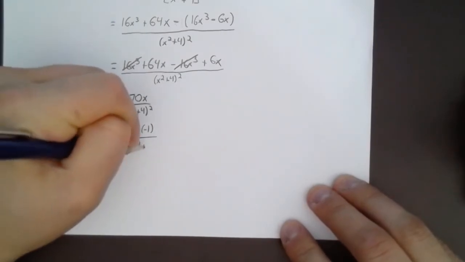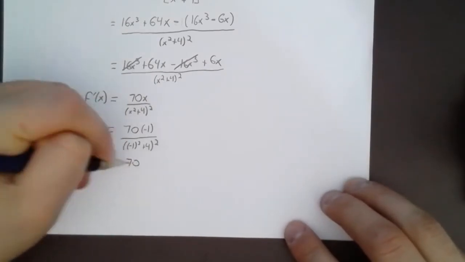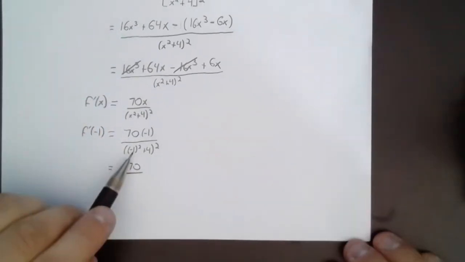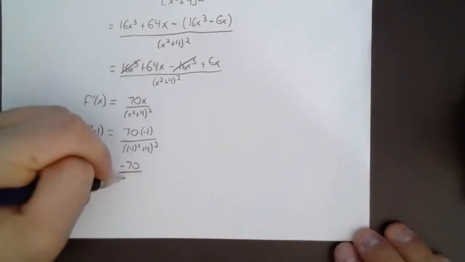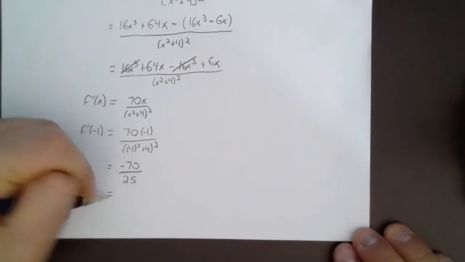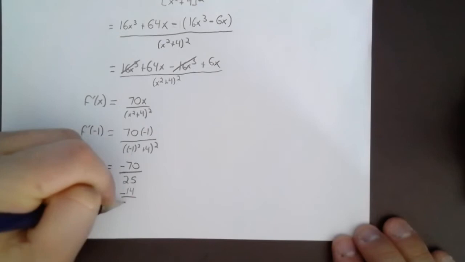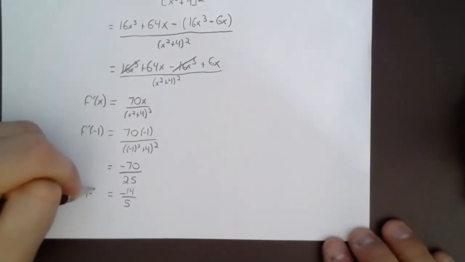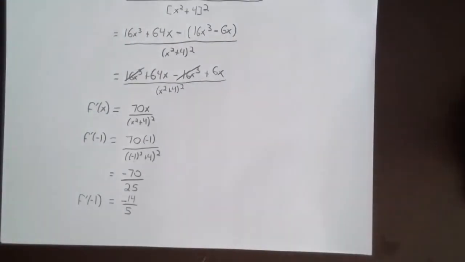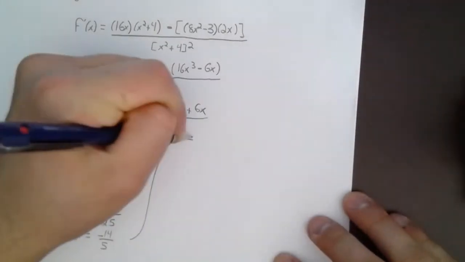Negative 70 over negative 1 squared plus 4, squared. Negative 1 squared is just 1, plus 4 is 5, and then 5 squared is 25. So when we simplify that, we're going to have negative 14 over 5. So I know that at the point x equals negative 1, this is going to be my slope.